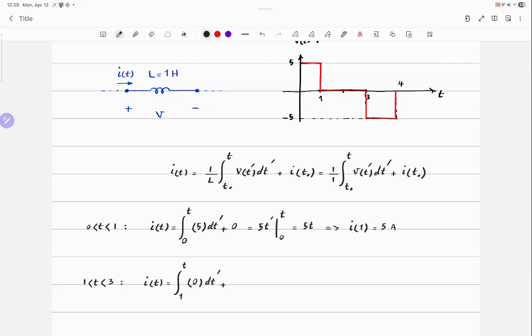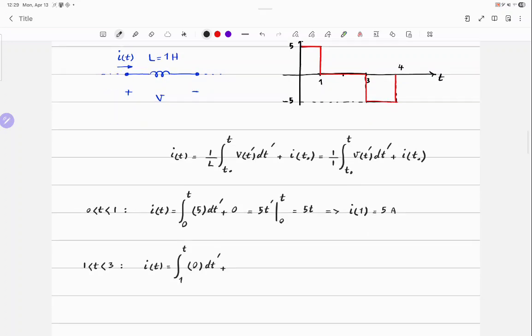Now I'm going to use that 5 amps with my next interval. Am I making sense to everyone? Plus 5 is equal to, the integral is 0 because the integrand is 0, so that is equal to 5 amps. Any problem so far?